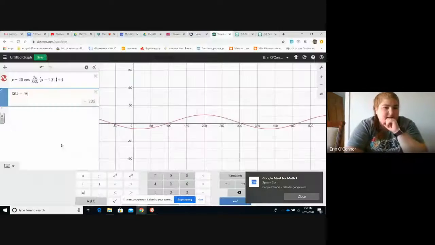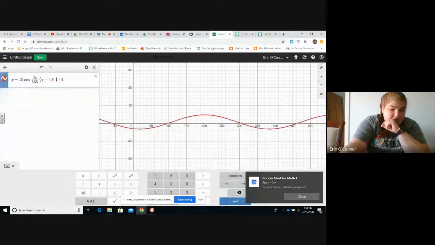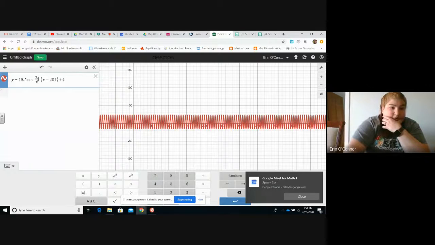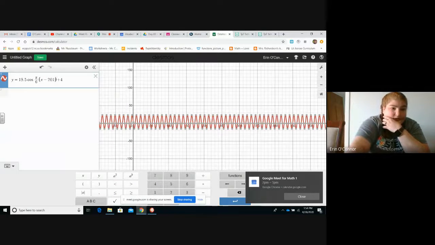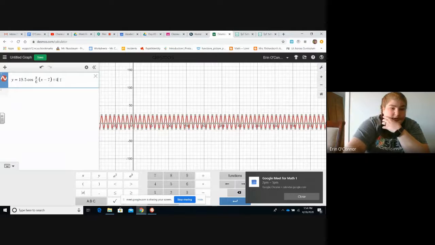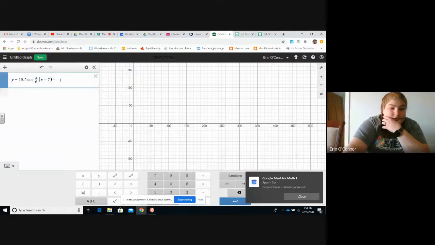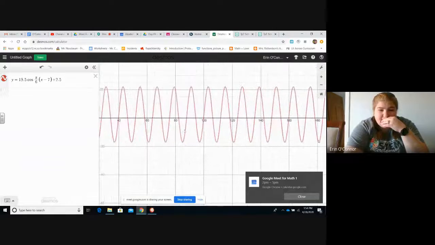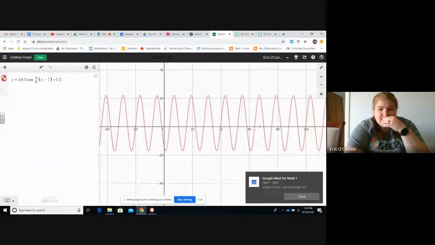So let's first put this equation up here so we can also make sure we graph this correctly. So we have 19.5 pi over 6 minus 7 plus 2.5, and I'm going to zoom in. So I do not need it zoomed out so much.